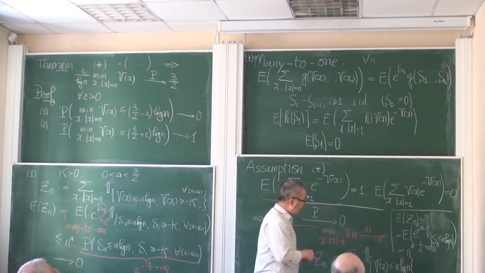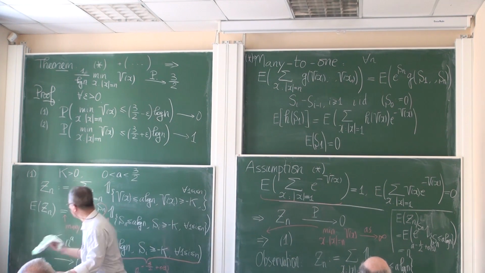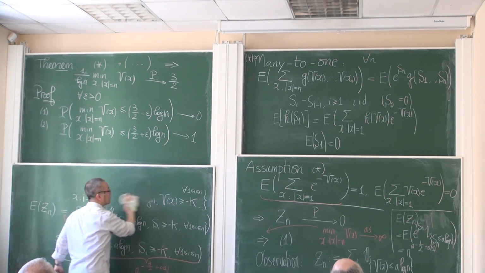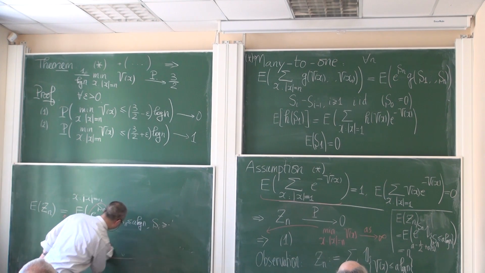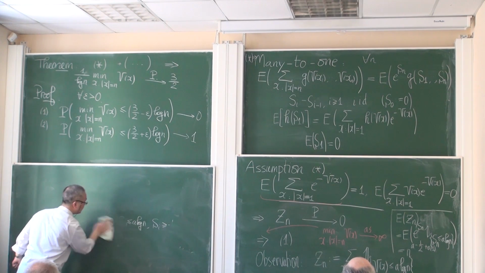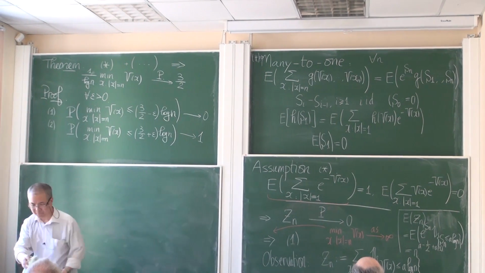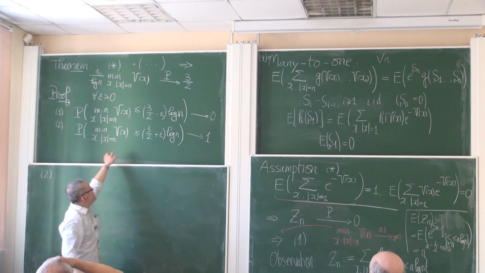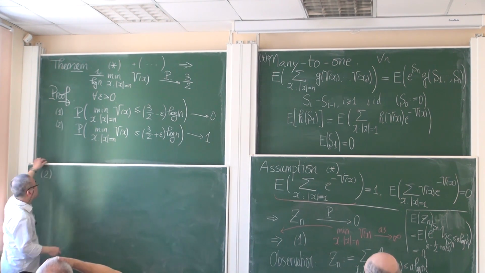So now you see what happens with the first part. The second part uses exactly the same ideas. So now let me try to prove that the minimum position is at most 3/2 plus epsilon times log n.